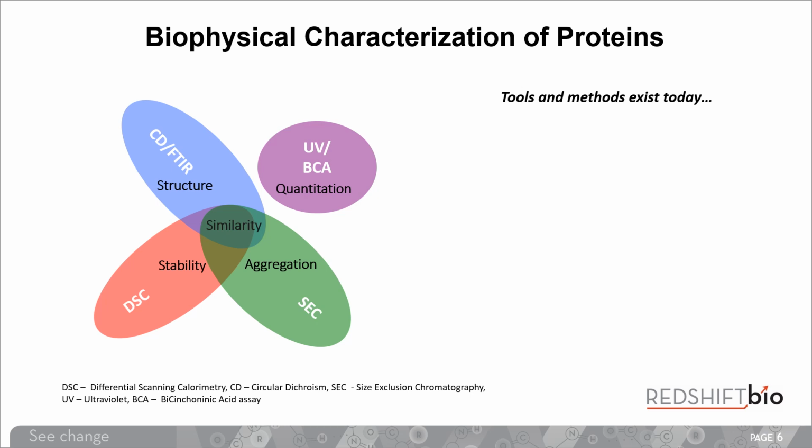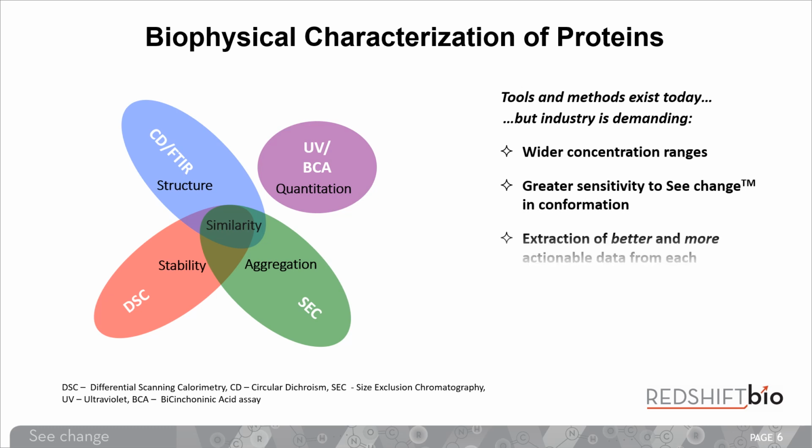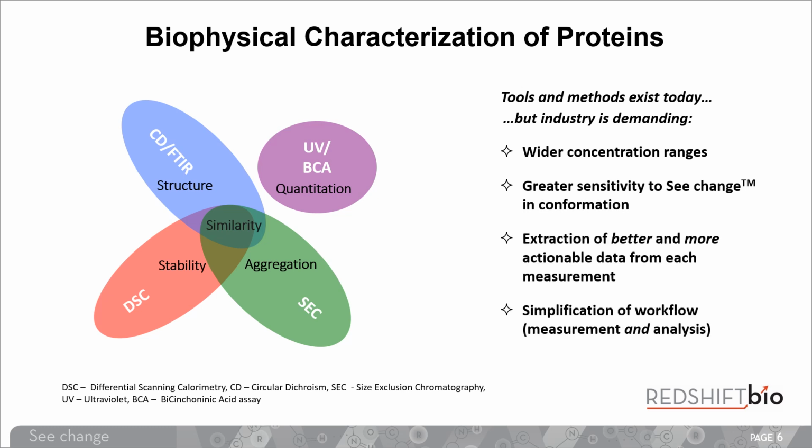But industry is always demanding more, and what they're after is the ability to measure over wider concentration ranges, the ability to achieve greater sensitivity to see the onset of conformation change, extraction of better and more actionable data from each measurement. And this means not just the ability to get cleaner spectra, but also to interpret that data in meaningful ways.